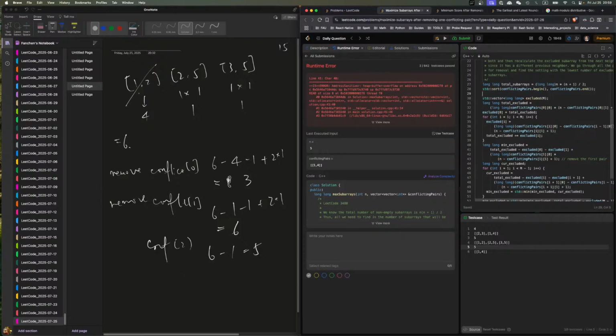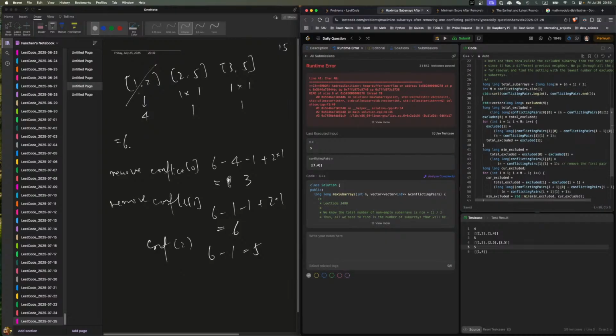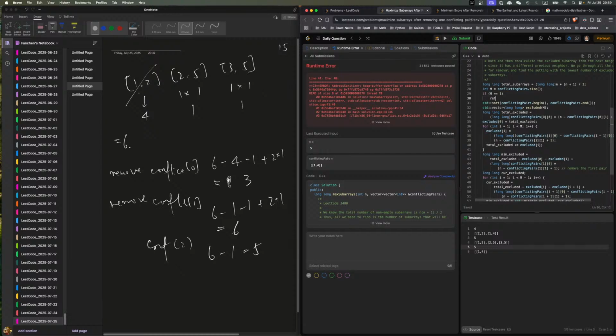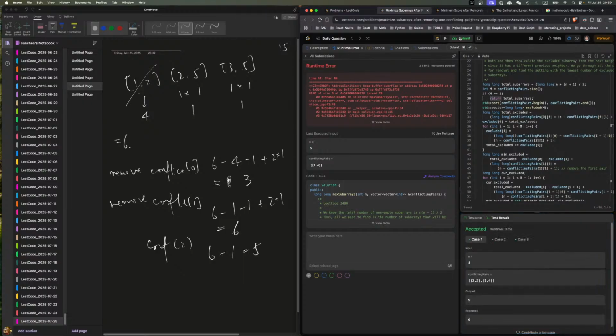Yeah, let's do this one first. Okay, edge case. If m is equal to 1, we will return total subarray. That's some edge case. All right, let's try.